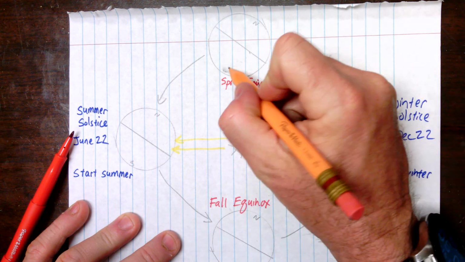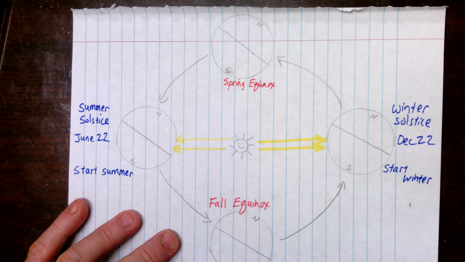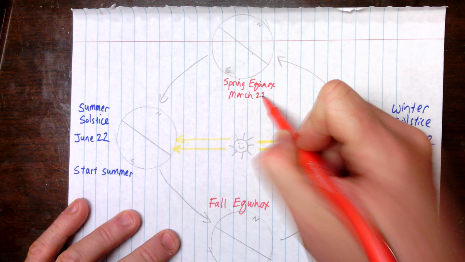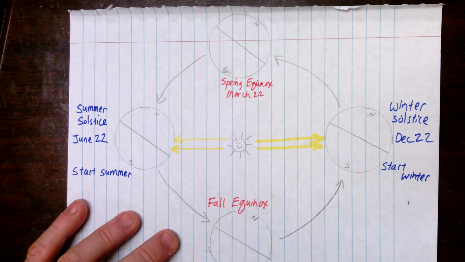So that's the spring equinox. This is on or about March 22nd, March 23rd, somewhere around in there. And that's about the time that we start spring.